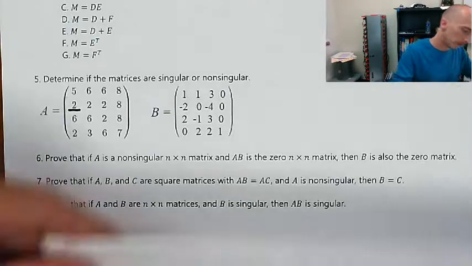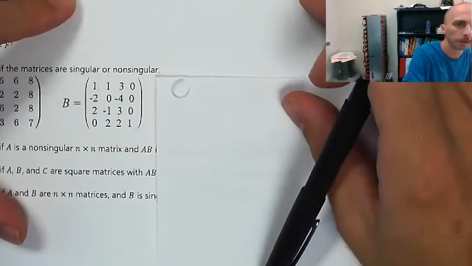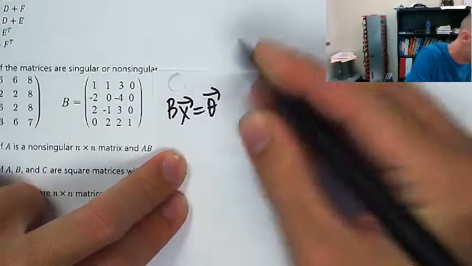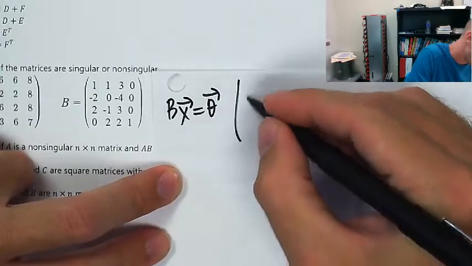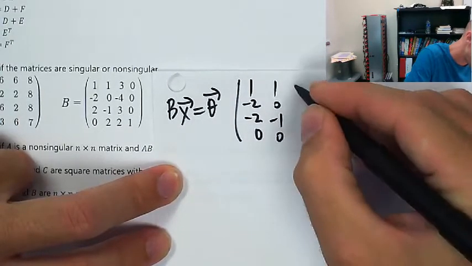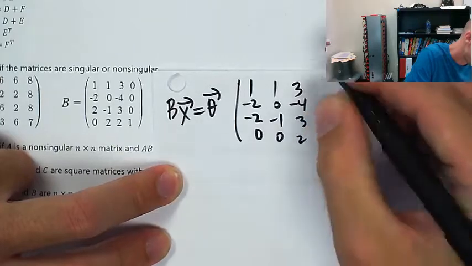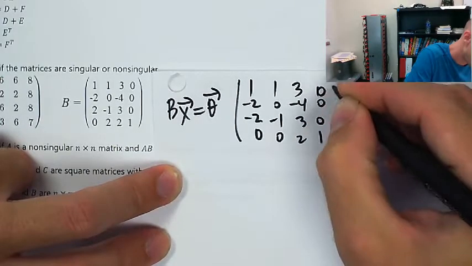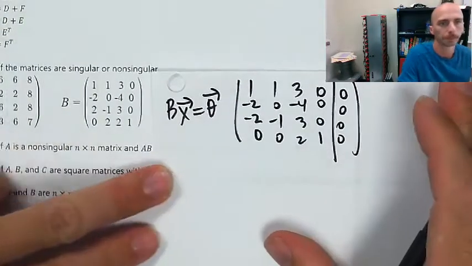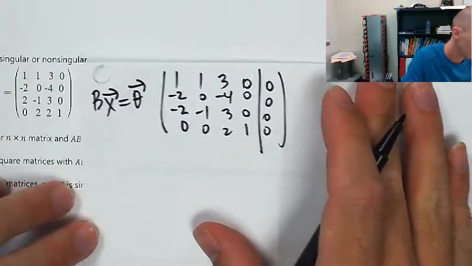And then for B, it is much quicker on the row reduction steps. So we're going to determine if this is singular or non-singular. So we're going to be interested in the solutions to the equation bx equals 0. So we're going to take B, augment it with the 0 vector, and row reduce.